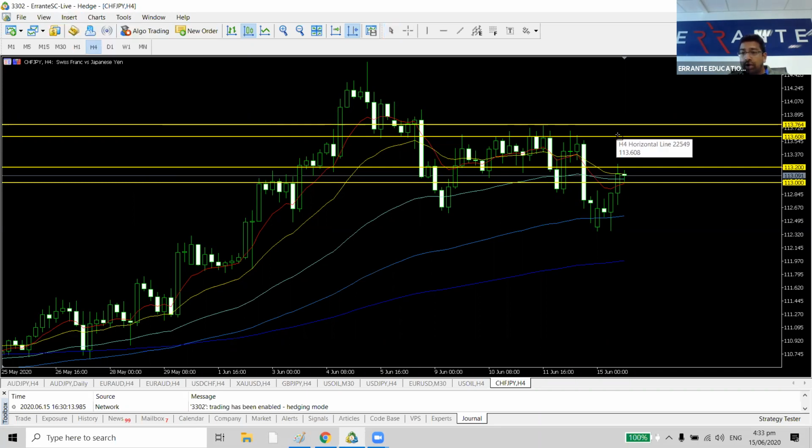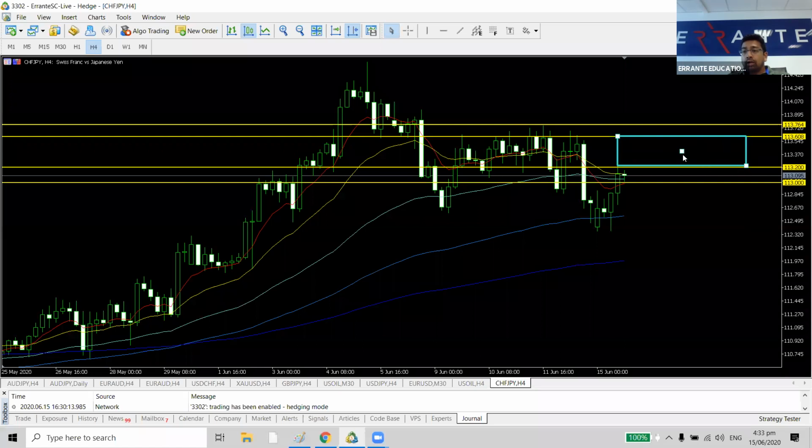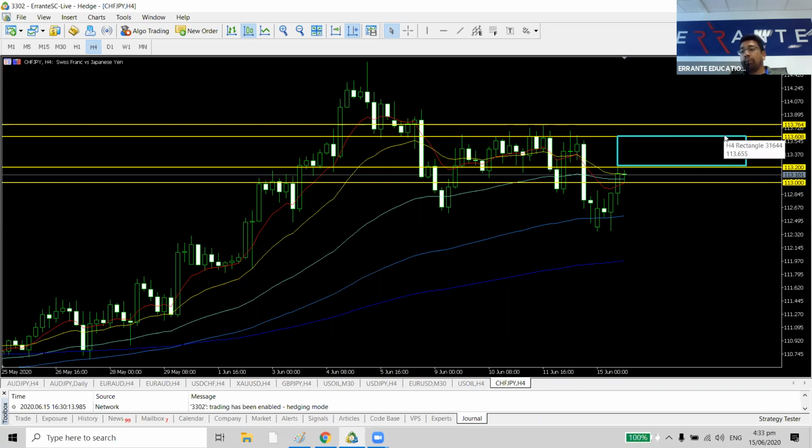Because it came down here, most likely it will go up here, find resistance, come down again, and then maybe go up again, come down. So you might find some sideway market here.